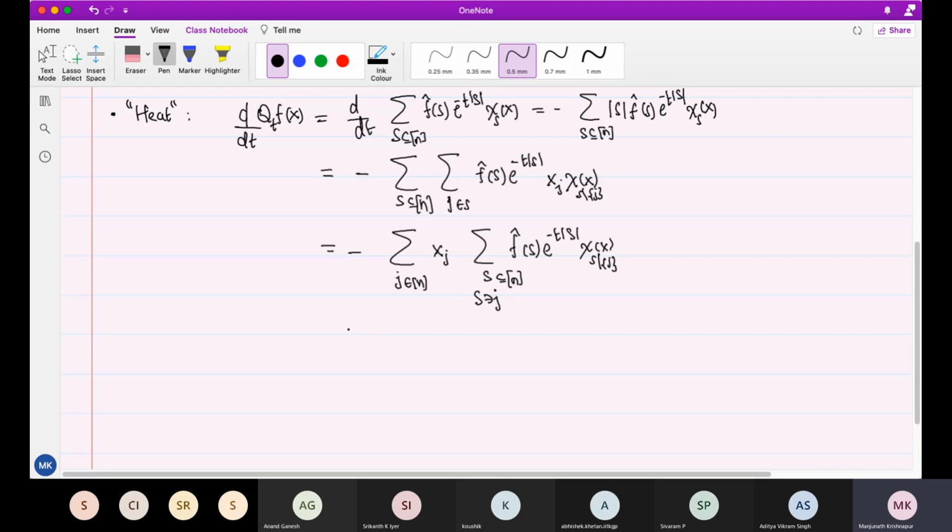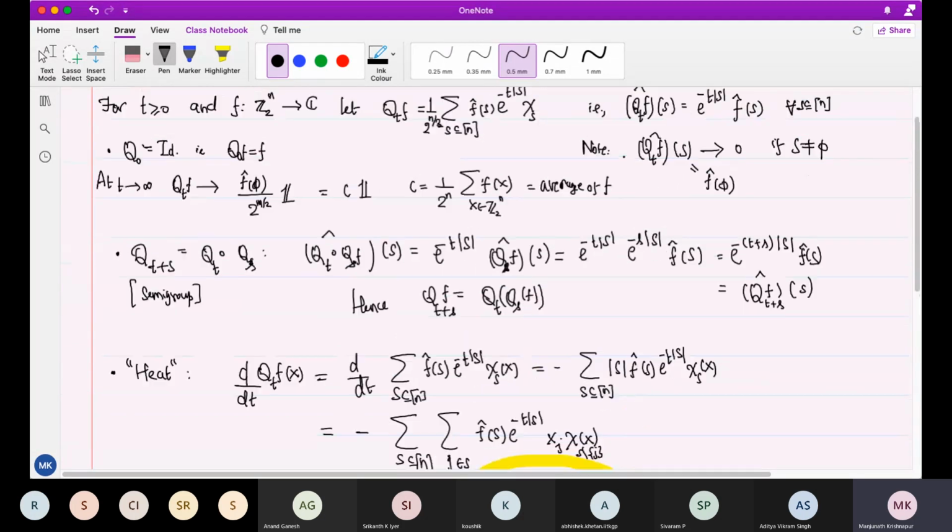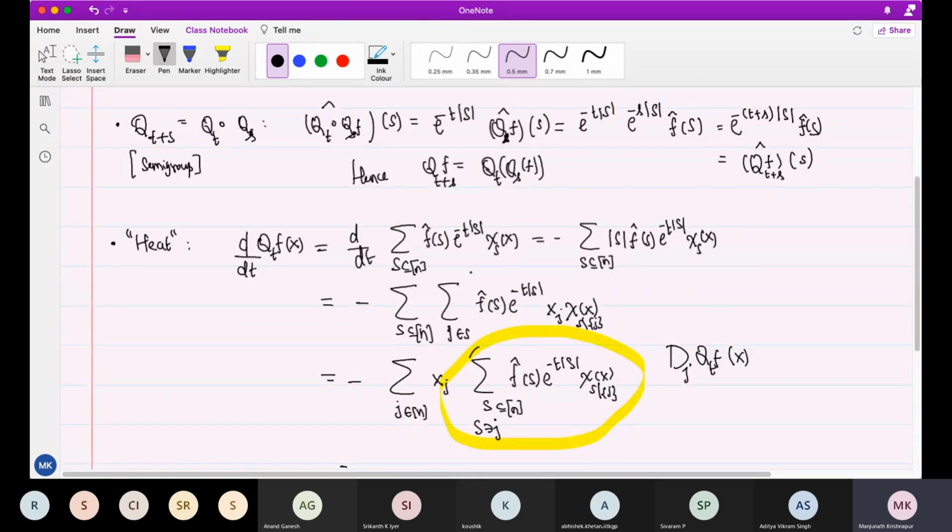Now, we can write this in terms of the differentiation operators. So this whole quantity here is actually d sub j applied to Q_t f of x. So Q_t f of x is this expansion, right? What happens if I differentiate with respect to the jth variable? You only get subsets which contain j, and in each of them x_j will go away, right?